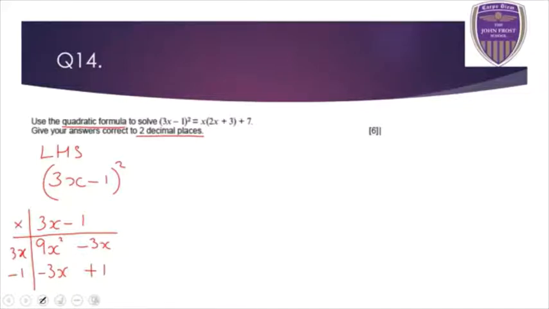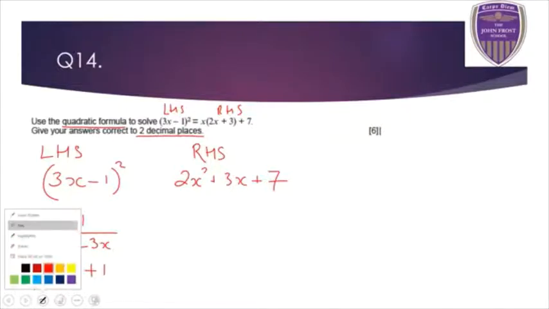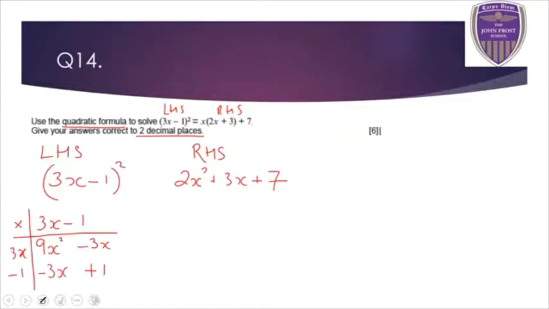Then on the right-hand side, you will have 2x squared plus 3x plus 7, okay? But the left-hand side is equal to the right-hand side. So what I'm going to do is combine them. This is your left-hand side, which is your 9x squared minus 6x plus 1, and it's equal to the right-hand side, 2x squared plus 3x plus 7.